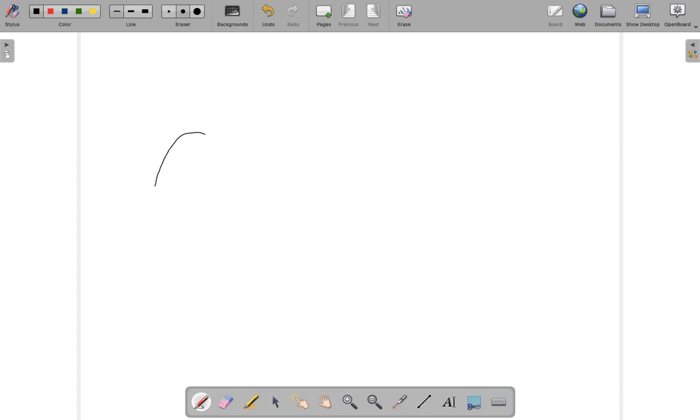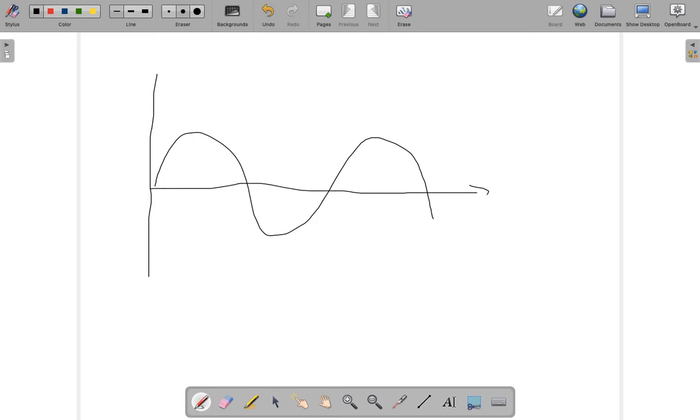So let's say we have this wave over here. I'll just put it in a graph so that we can make a bit more sense out of it. That is the displacement, and that is the time. So let's take the crest over here, x0.